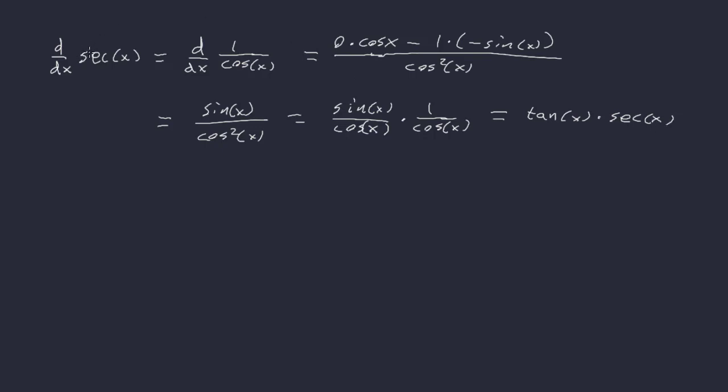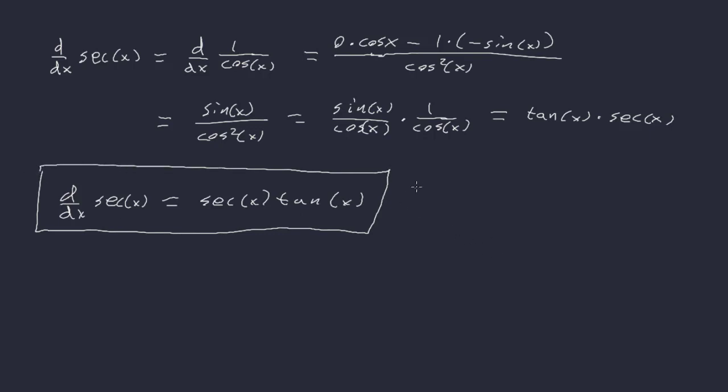Okay, so the derivative of secant is tangent x, secant x. I often write it like this: the derivative of secant of x is secant x tangent x. It doesn't really matter what order you write it in since it's multiplication.